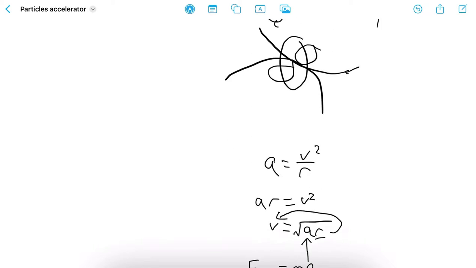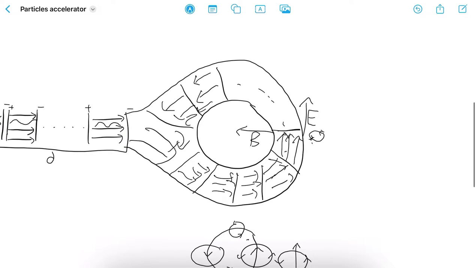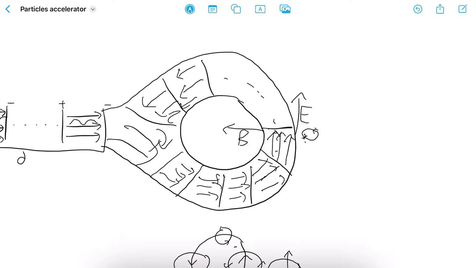So going back to our loop, this loop may have a certain maximum velocity since its radius is fixed, and the maximum acceleration that the electric field can provide is also limited.